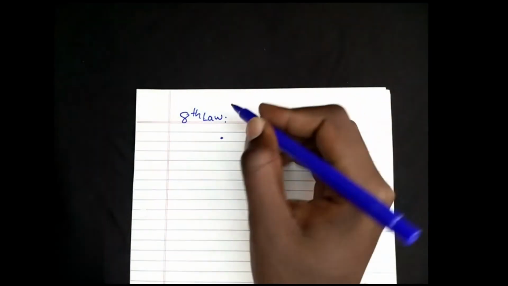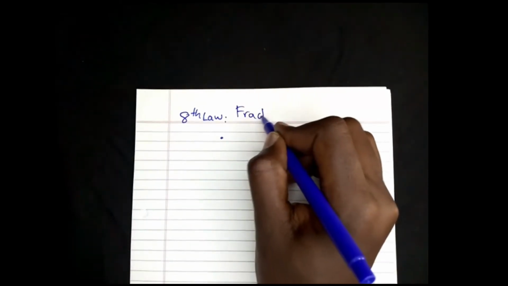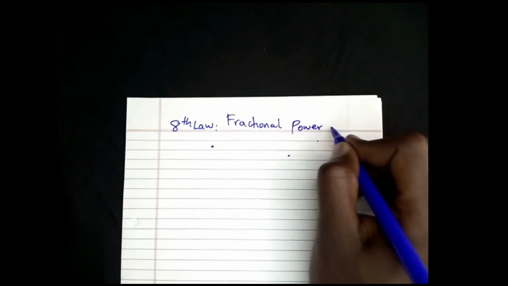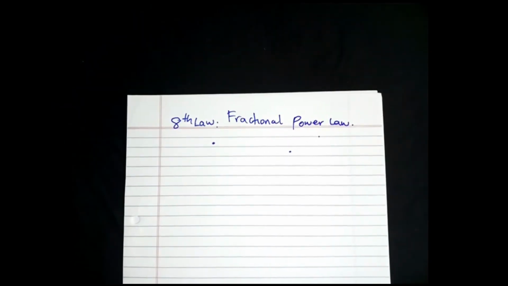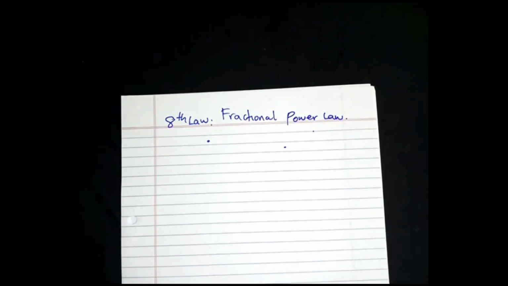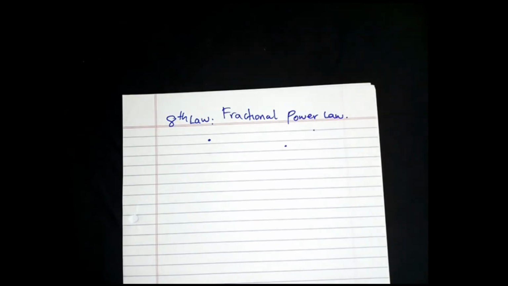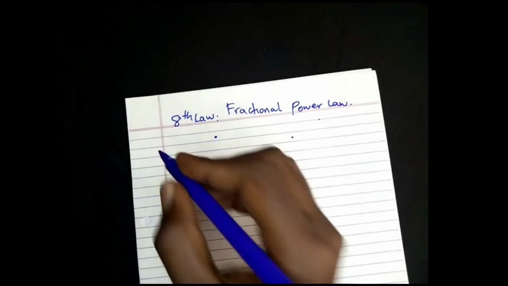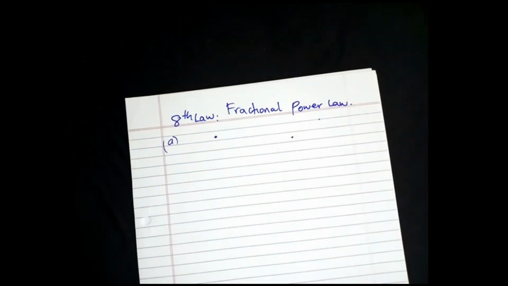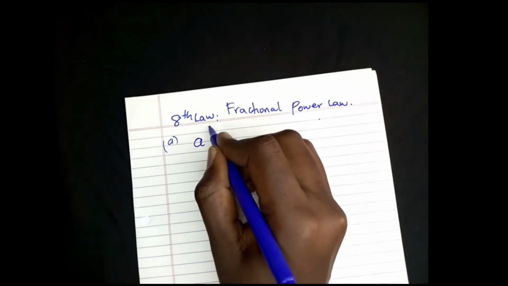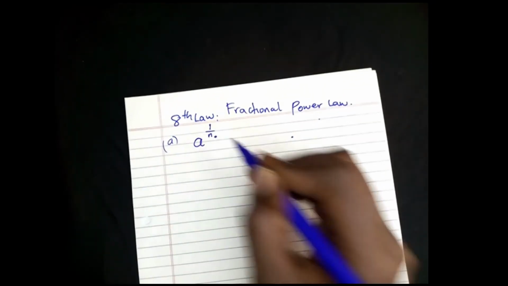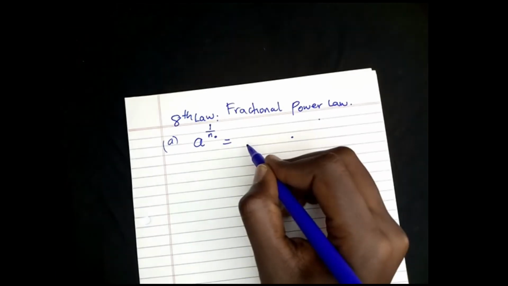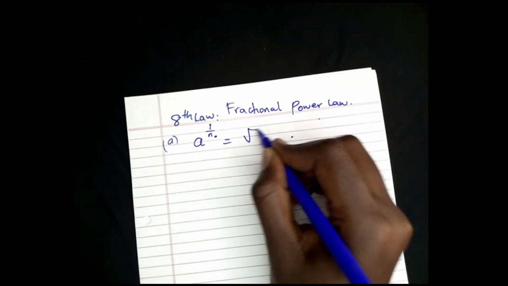The 8th law is called the fractional power law. And this particular law is represented as follows. It is divided into 2 parts. If we have a number a to the 1 over n power, it can be written as the nth root of a.